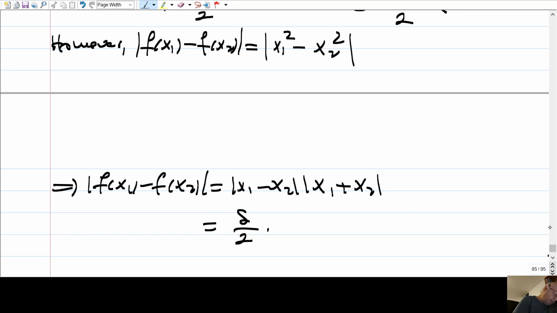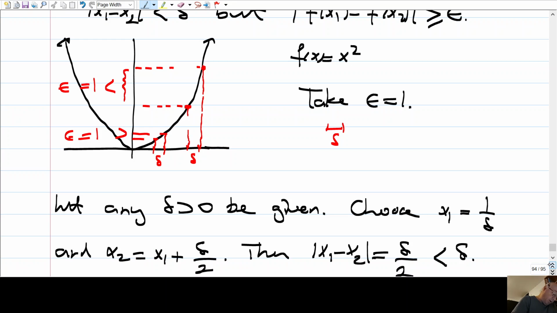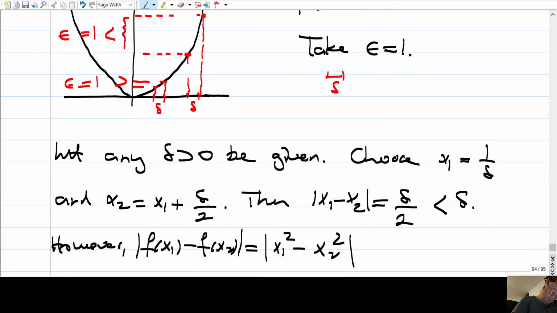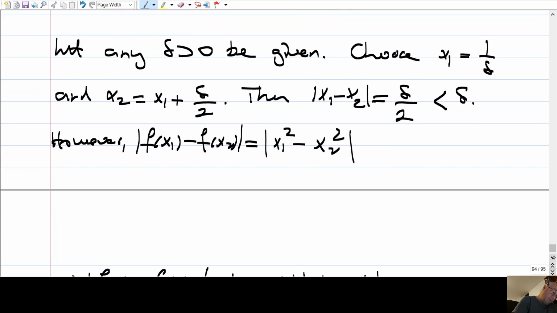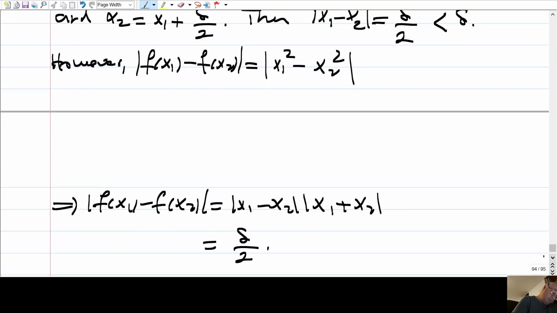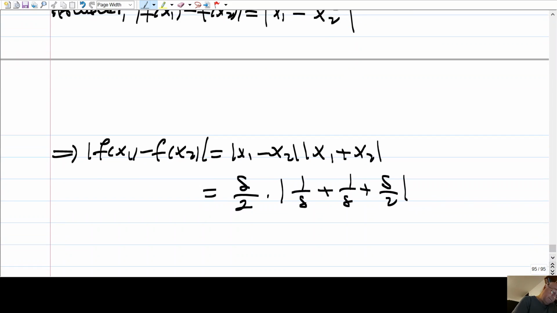But what about the second factor? x1 and x2 are like this. So this is 1 over delta plus 1 over delta plus delta over 2, right?